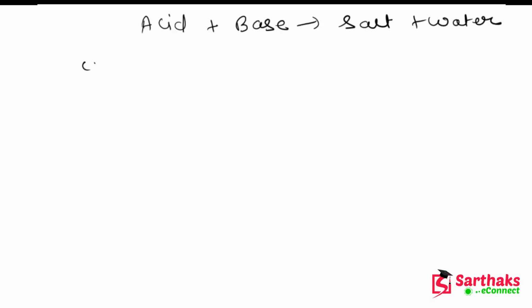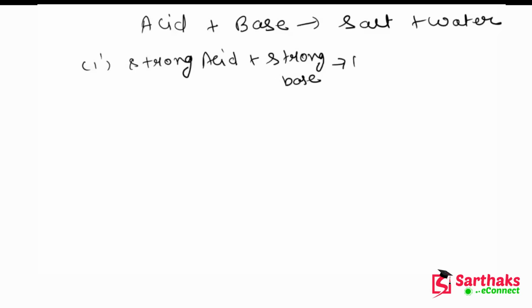Okay students, so we all know that salt is a result of the reaction between acid and base. So if strong acid reacts with strong base, then the salt produced in this case will be a neutral salt, and water will also be formed in this reaction.